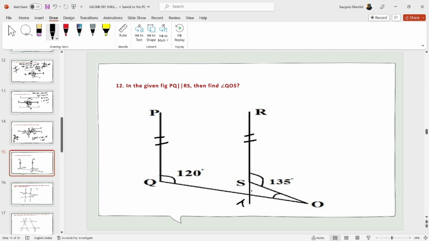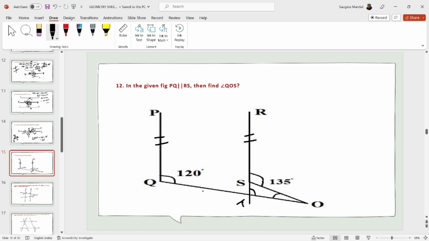Because they are corresponding angles. Corresponding angles are equal to each other. What is the condition of corresponding angles? When two lines are parallel and a transversal cuts them, the corresponding angles are always equal.